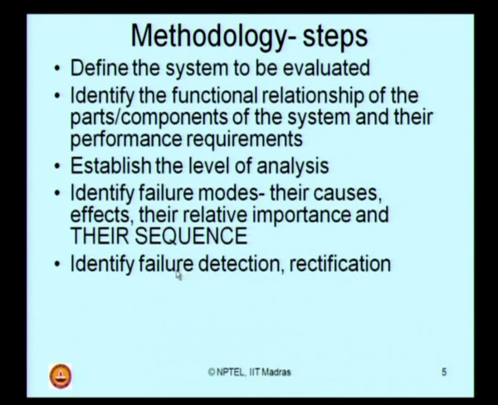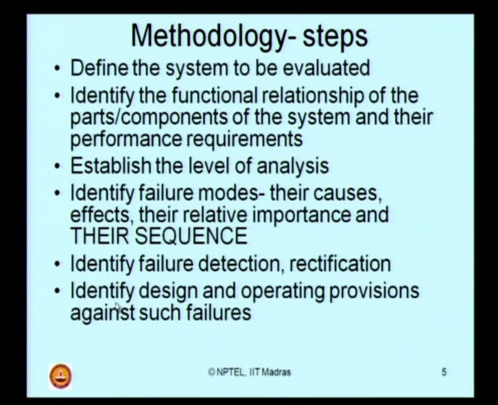Can you detect this failure in advance by means of employing sensors, or by means of some mechanical instrumentation? So, identify any such existing failure detection mechanisms, and also possibly any rectification mechanisms which are available in the system. Then identify the design and operating provisions against such failures.